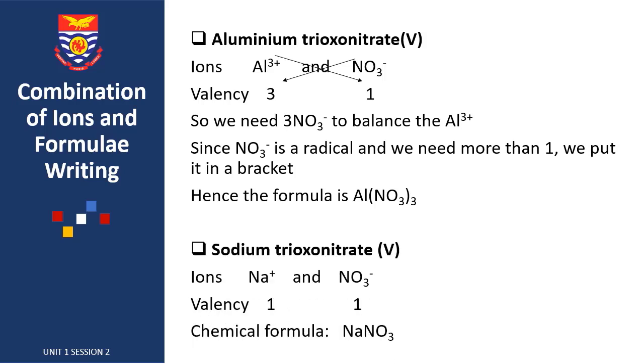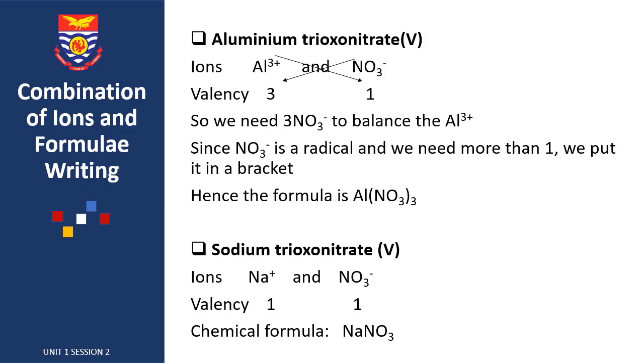Another example is sodium trioxonitrate 5. Now in this case, once again, there is a radical, but we still have to write into the cations and the anions. We have the sodium ion and then we have the nitrate ion. So the valencies, we have 1 for them. Straight away they will balance each other, so we don't need to do any multiplication here.